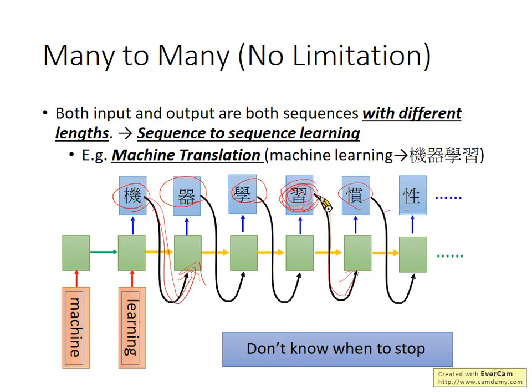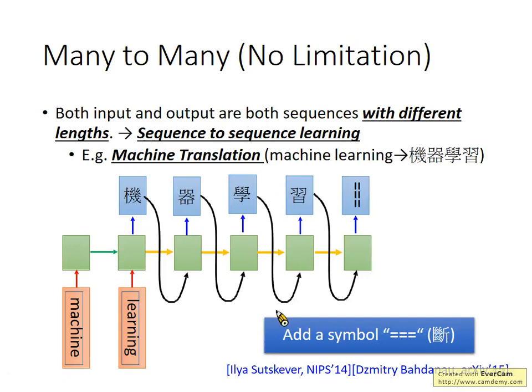So maybe starting from 习, then the following word we may output 冠, and then given 冠 we may output 信, and so on. So a very typical simple RNN, we don't know how to stop. We will keep processing, and the solution is actually simple. We can add an end of sentence symbol. So given such information, we may output 机器学习 and then output the end of sentence symbol.